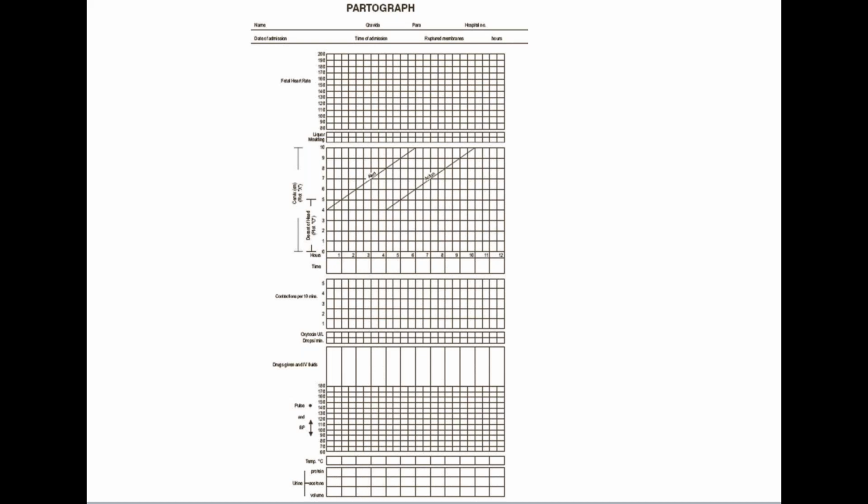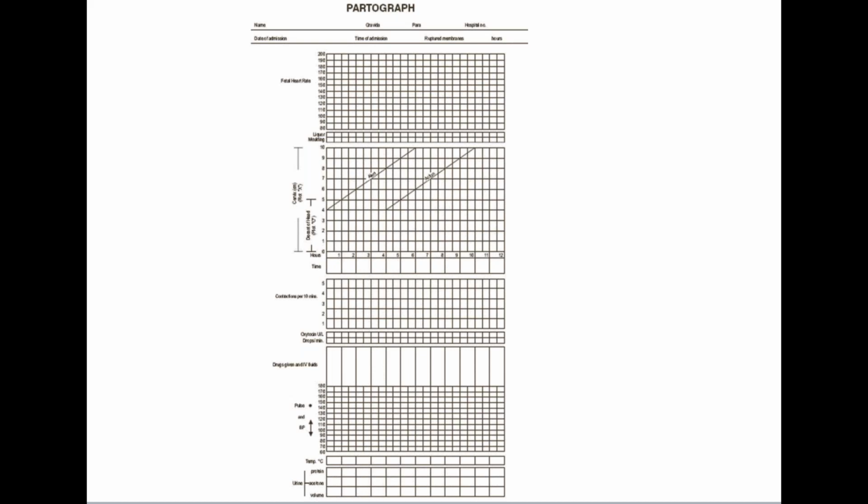B stands for blood-stained liquor, and M stands for meconium-stained liquor. So either I for intact membranes or C, B, M: C is clear, B is bloody, M is meconium.